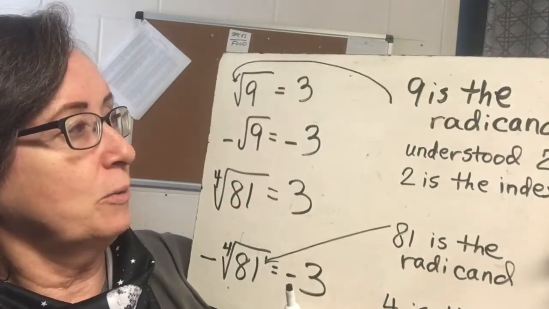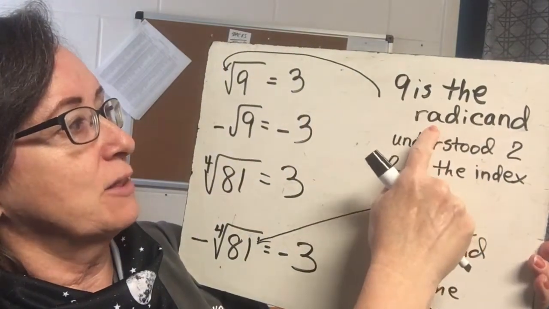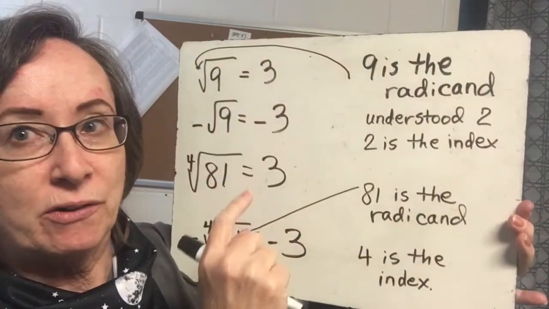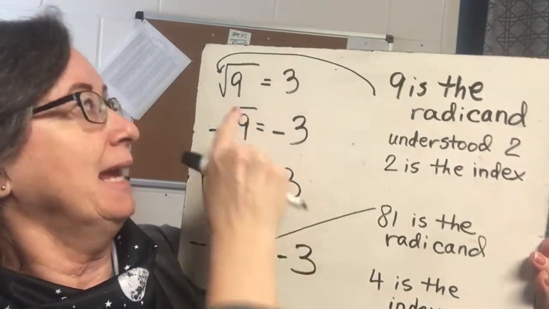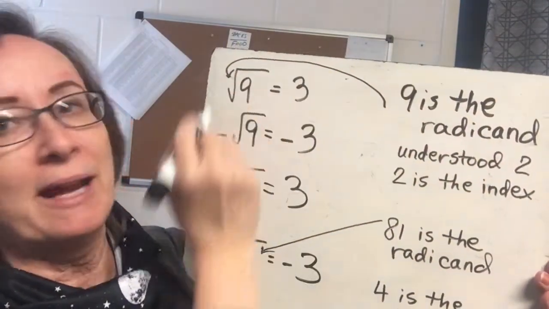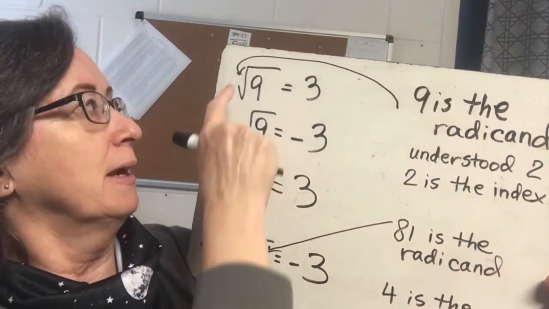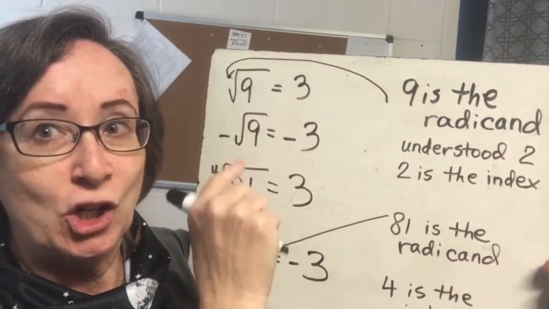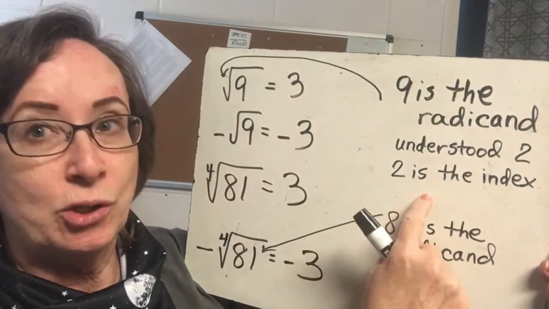Okay, so here we have 9 is the radicand, because the number underneath the radical is going to be called the radicand. And although we don't have anything there, whenever there's a number missing, like this one has a 4, there's nothing in that little hook of the radical sign, that means it's a 2 understood.